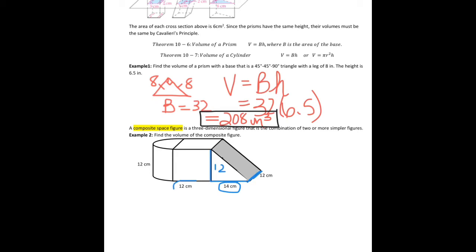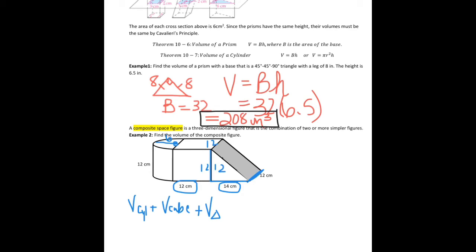You have a cube, and I know that because it's 12 by 12 by 12, the depth. And then you have a cylinder, but it's just half of a cylinder, so its radius is going to be 6. So we need to find the volume of a cylinder plus the volume of a cube plus the volume of the triangular prism.